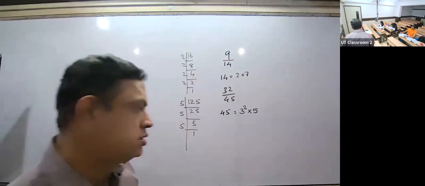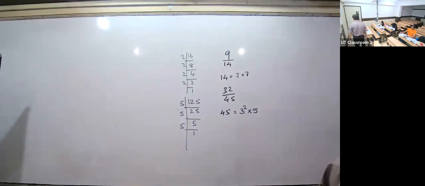So you write the statement: the denominator has factors other than 2 and 5. So now the property of terminating decimals is clear to you.